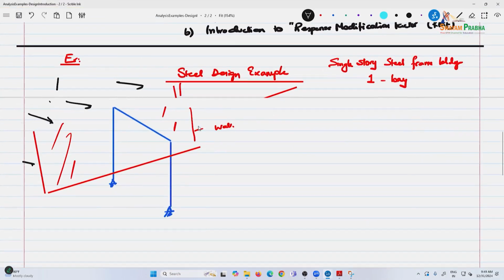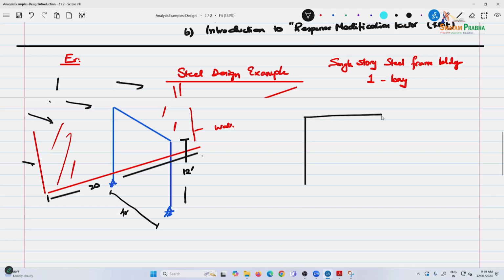But I lost something. So you can imagine, this is the curtain wall, and the height here is 12 feet, and this is 20 feet, and you don't need the bay. The bay is here, this is 40 feet. So the frame itself is supporting a roof and a dead load.